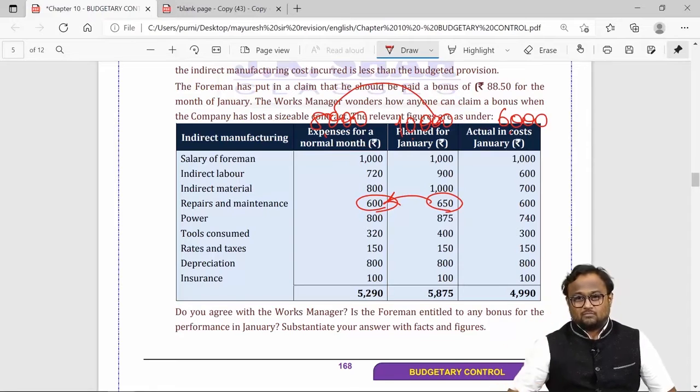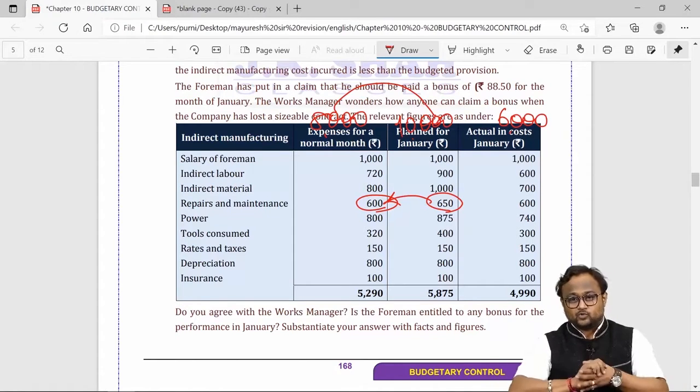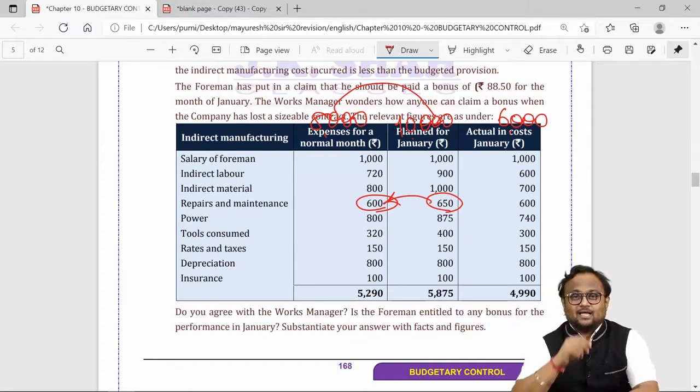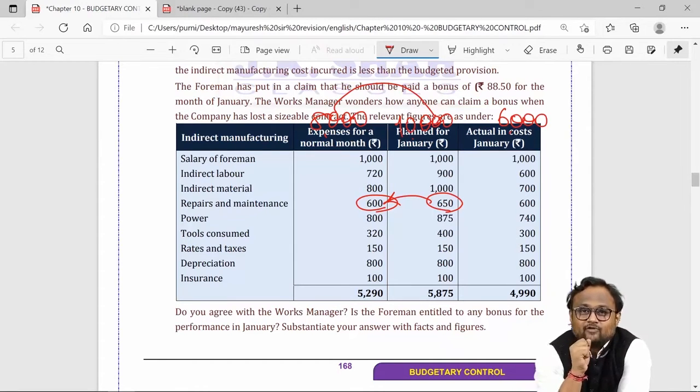So you multiply all CPUs by 6000 to know the budgeted figure at 6000. See, I have actual data given for 6000, so I want my budgeted data also at 6000. So take CPU of variable cost, apply that on 6000, you will be getting the answer.